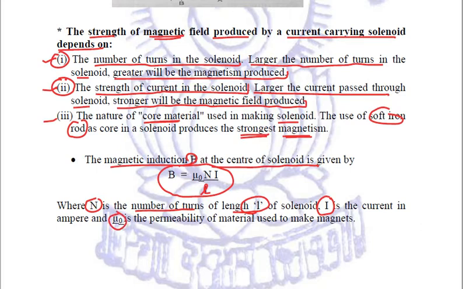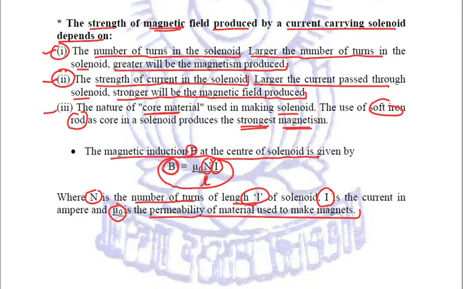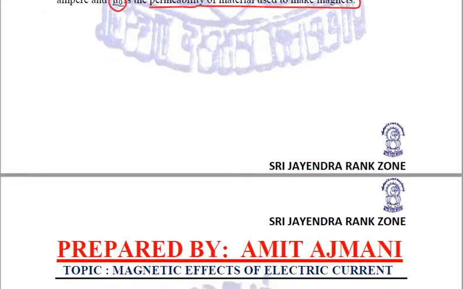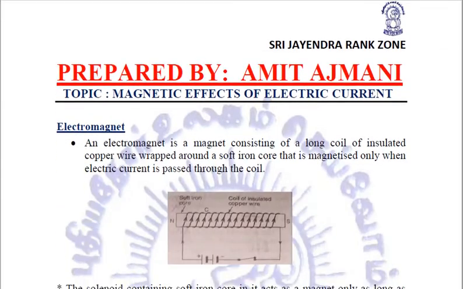Mu 0 we have already seen above. It is the permeability of material used to make magnet. Right? So we can see that the magnetic field is directly proportional to number of turns. Magnetic field is directly proportional to the amount of current. Clear? So this is solenoid, which is very, very important.